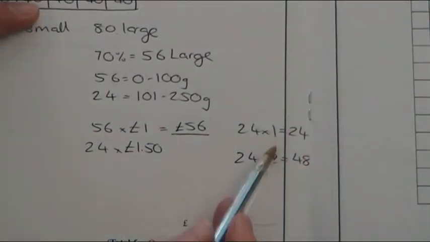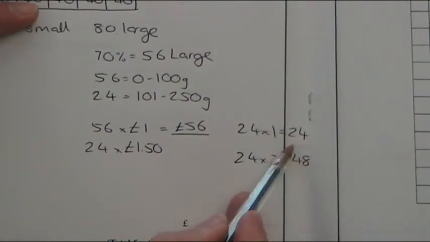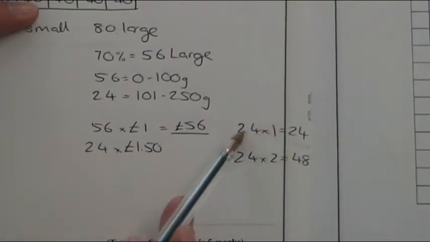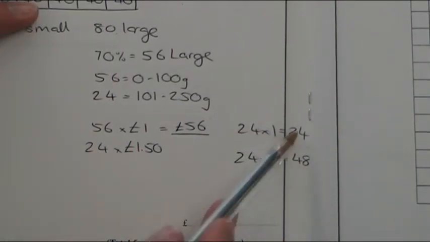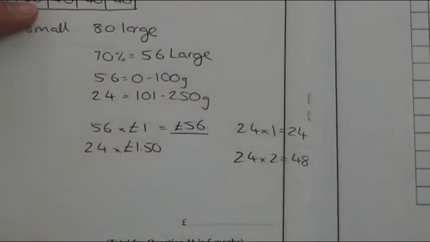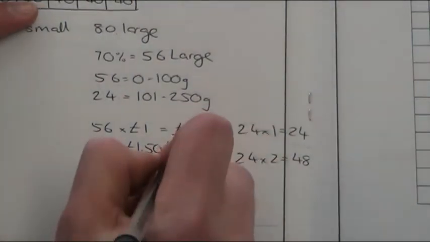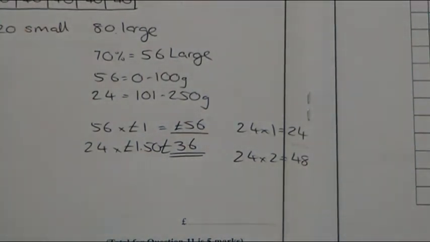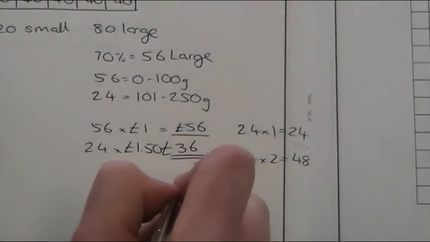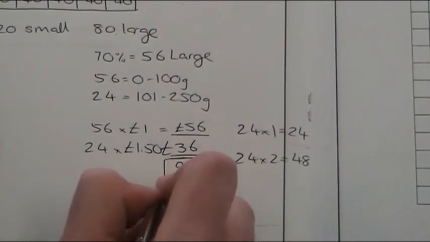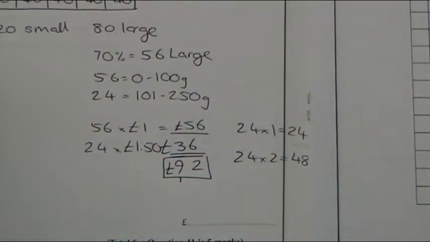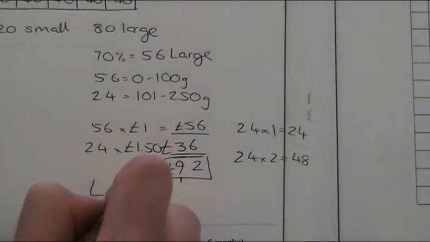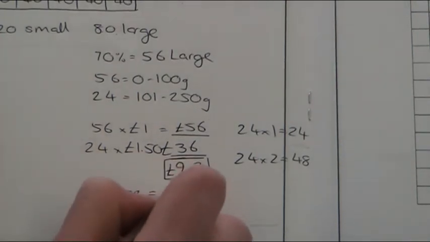So times by 1.5 is going to be halfway between them. It's like adding on a half of this, so that's adding on a 12, or taking off a 12, which would be 36 pounds. So that brings us a total of 92 pounds for the large letters. So I'm going to write that just a bit more clear. Large equals 92 pounds.